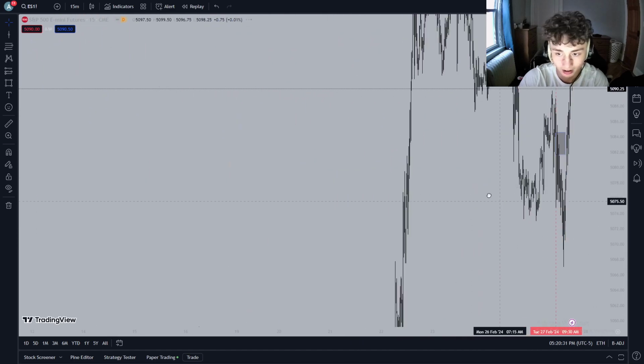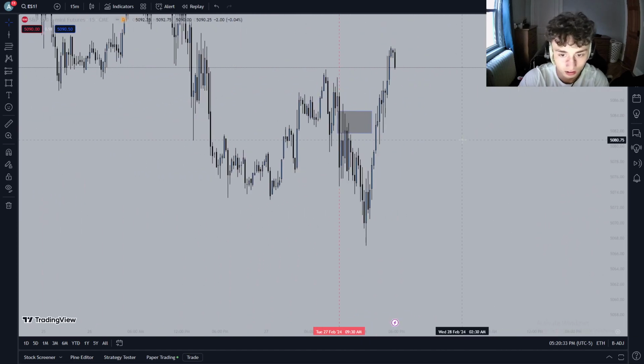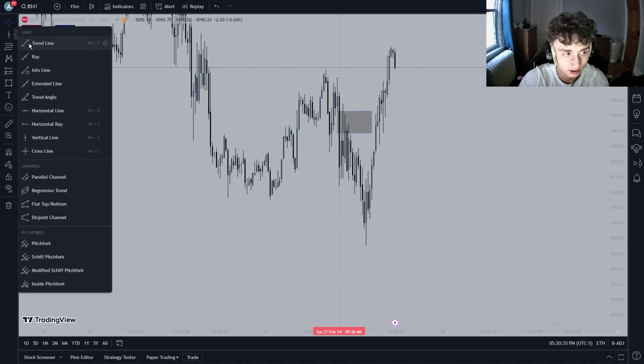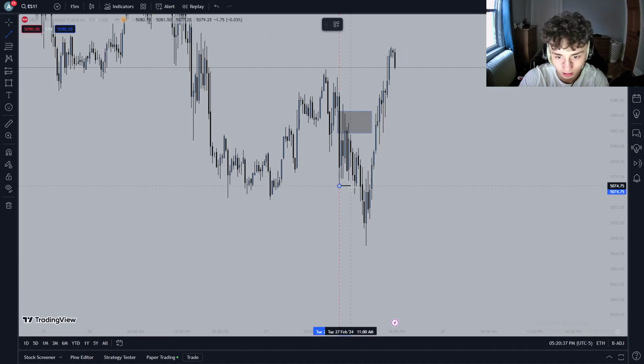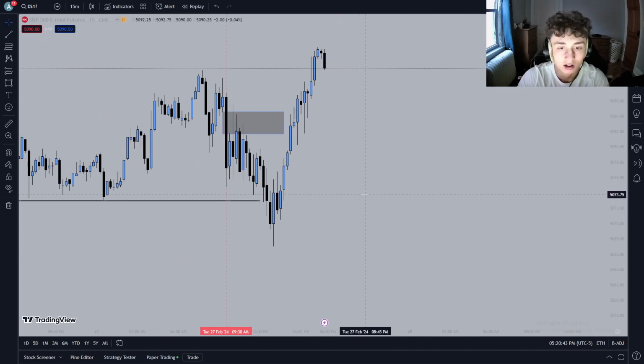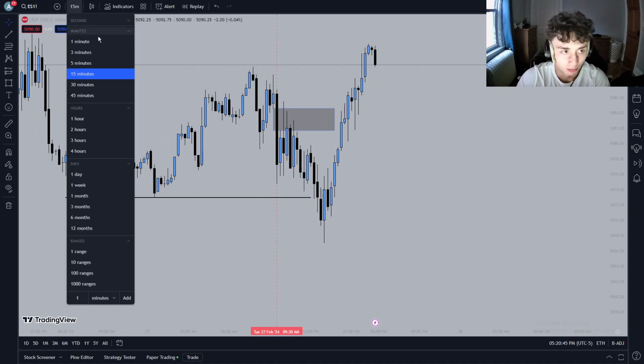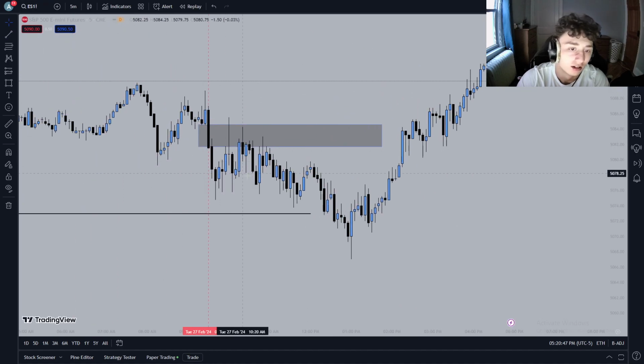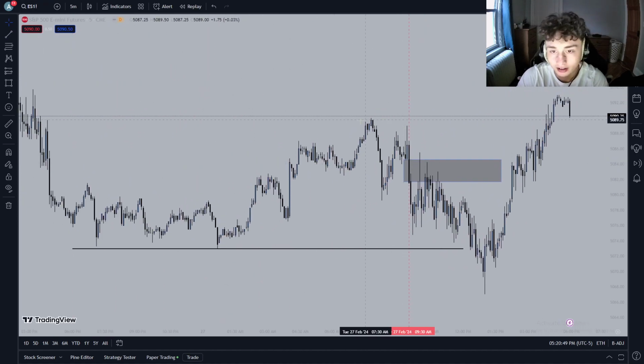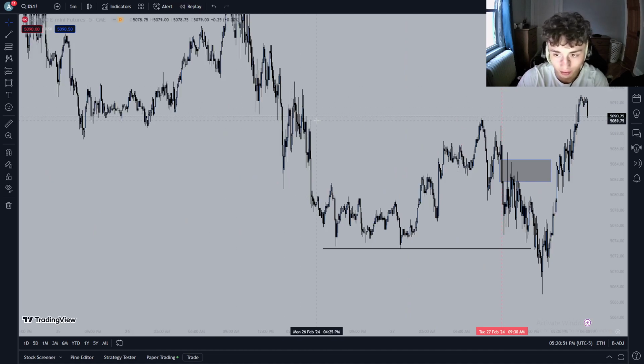And I believe I had this. Can't remember exactly what. I know I had this low marked out for sure. Anyway, let's just play with that one. We had that low marked out. We had this fair value gap, and we didn't need a sweep because it swept it in the pre-market. It swept out some liquidity right here.